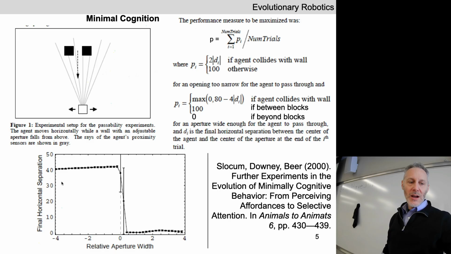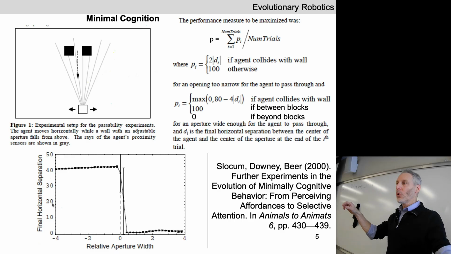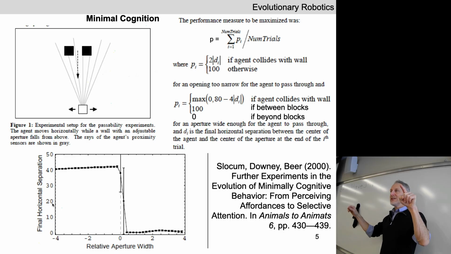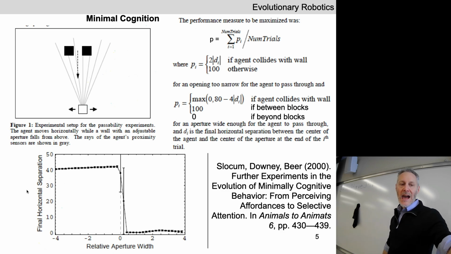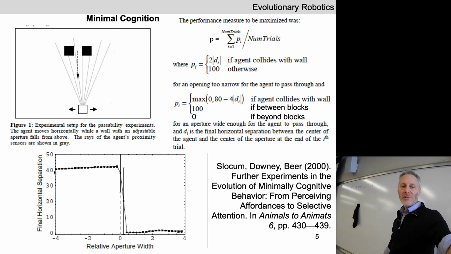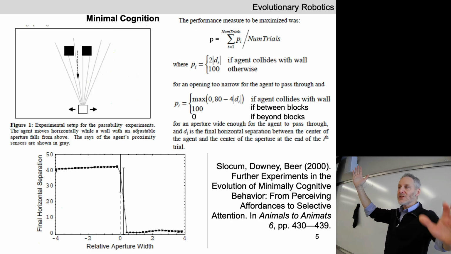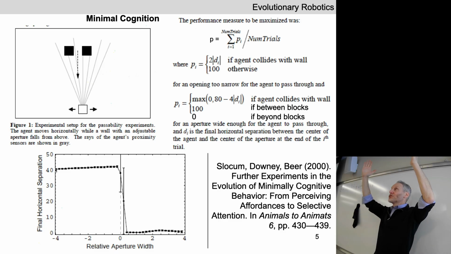The horizontal axis here is plotting, for that C-tern, the average final horizontal separation between the agent and the object pair when it hits the ground. And by average, I mean, in this case, they dropped a whole bunch of object pairs in which the width was 4 units narrower than the agent's width. And they dropped that object pair from different horizontal positions at the top of the screen.